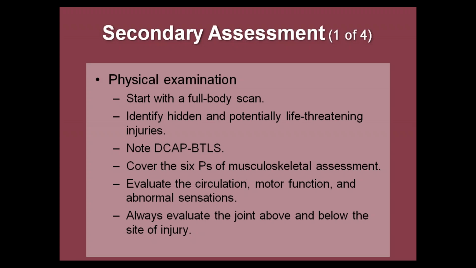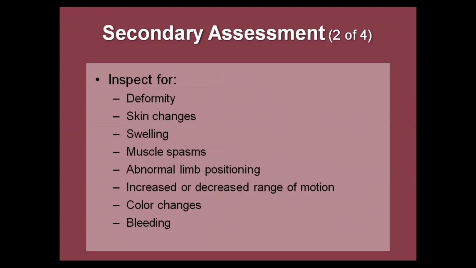You want to inspect for any deformities, skin changes, swelling, muscle spasms, abnormal limb positioning, and decreased or increased range of motion. You're noting the color changes in the skin, and you're noting the bleeding. What kind of bleeding is it? Is it just capillary bleeding, that oozing blood?